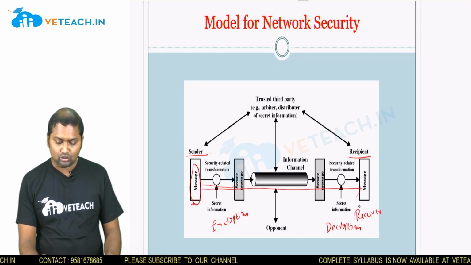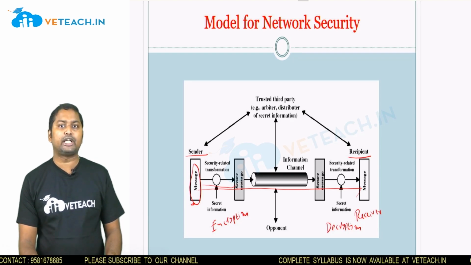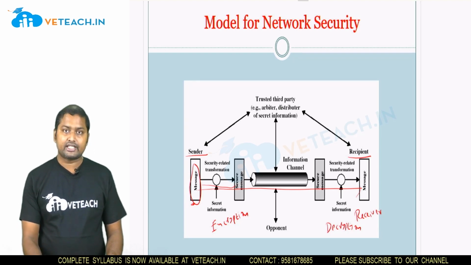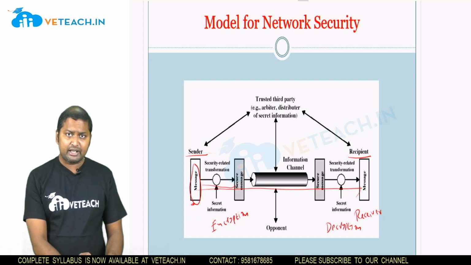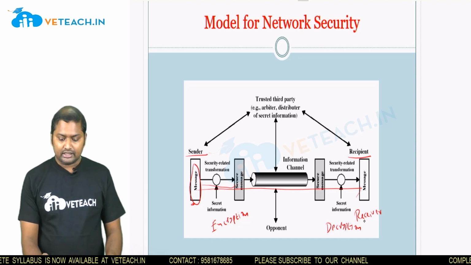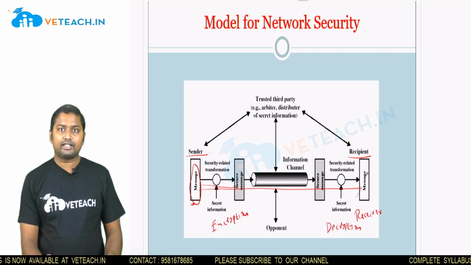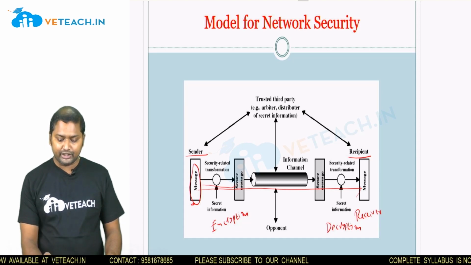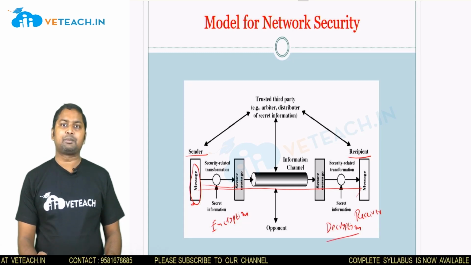The receiver has to convert the unreadable format message into readable format. Once again, here the sender is converting the original message into unreadable format, that is called the encryption process. The receiver receives the unreadable format and converts it into the original plain text. That process is called decryption.